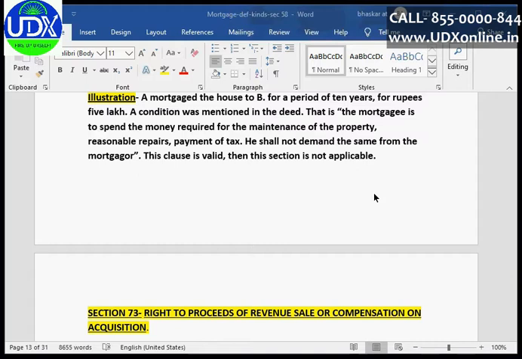And sir, if the property is mortgaged to someone and the mortgager has failed to pay the taxes, and after the notices are given repeatedly to the mortgager by the government, then government can attach the property and declare the selling of the property by public auction, sir. Oh yes. Very good. Good.